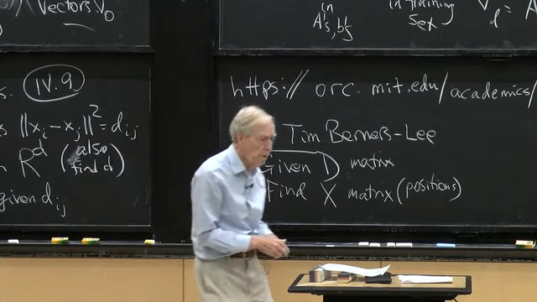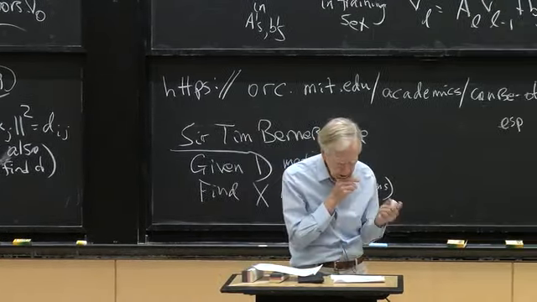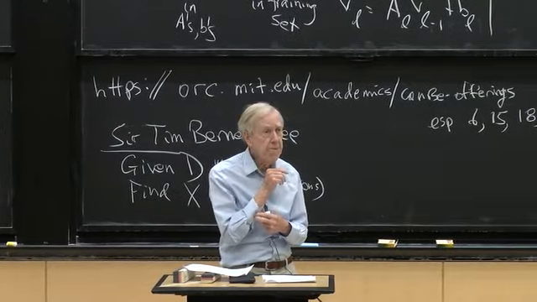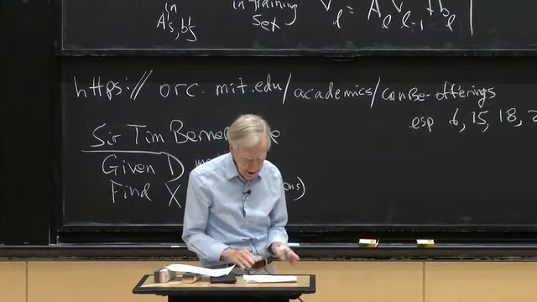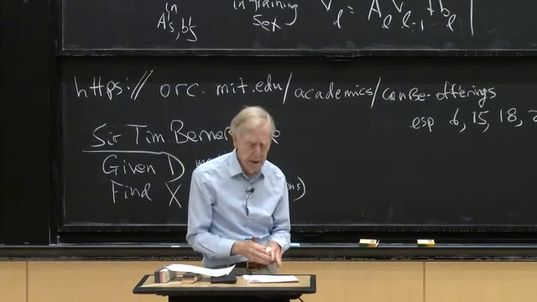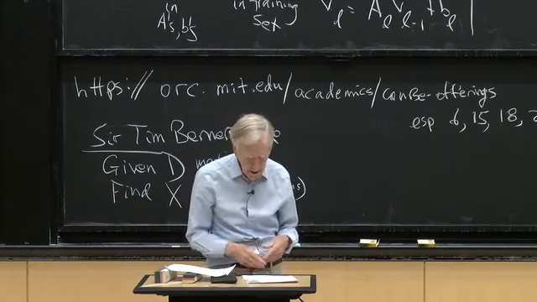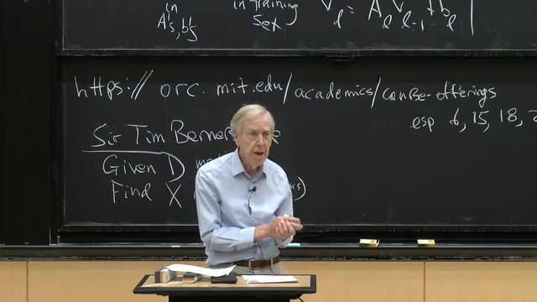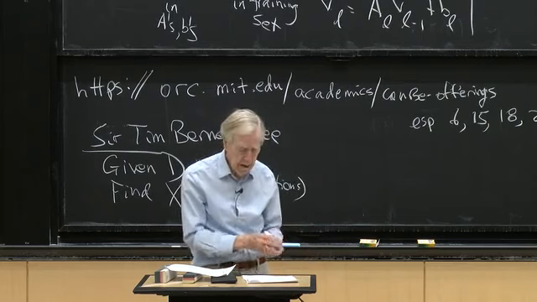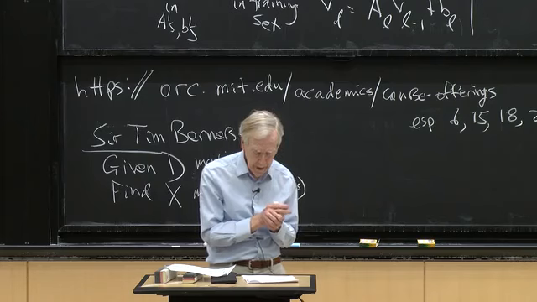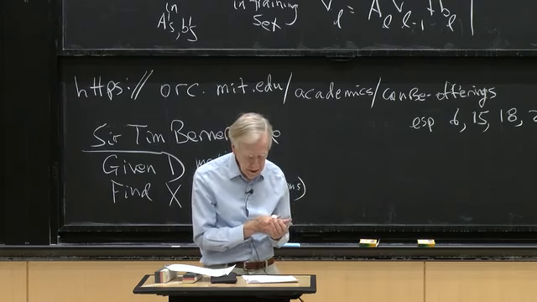That's the job. Before I start on that, the shapes of molecules is another application. Nuclear magnetic resonance gives distances, gives D, and then we find the positions X. And of course there's noise in there and sometimes missing entries.